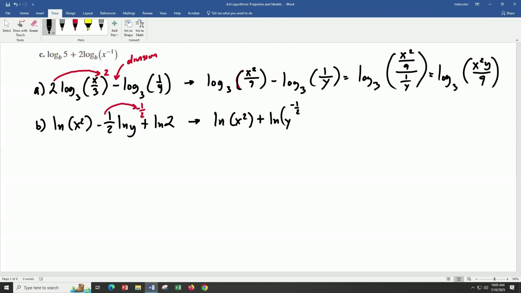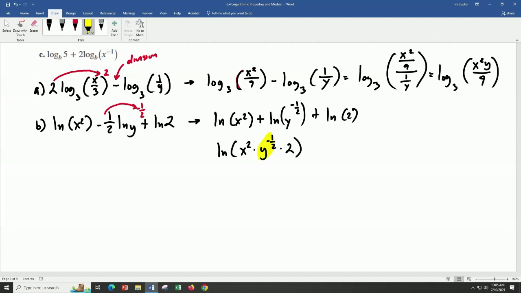Negative 1/2. And then plus I've got this ln of 2, this natural log. And realize since I have addition happening all the way across, we can turn all that into multiplication, which would become ln of x squared times y to the negative 1/2 times 2.